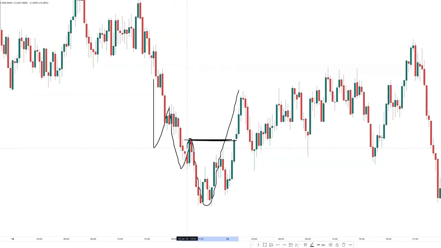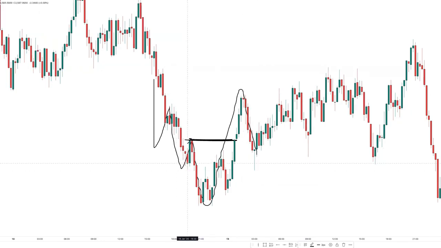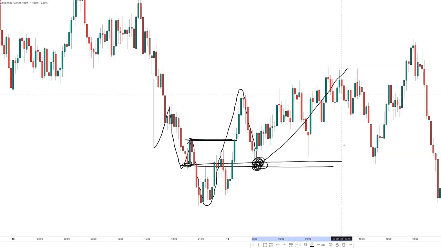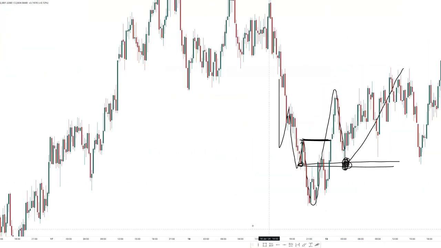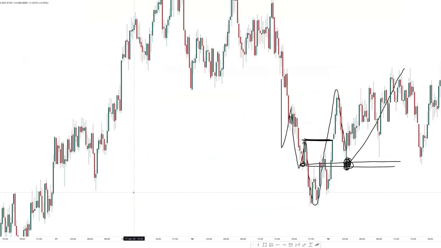After the break of structure, price came back to respect our invalidation point. This is our invalidation point right here. So price came to respect our invalidation point, and that's when we had a buy trade. Are we together till there? Anyone with any questions?